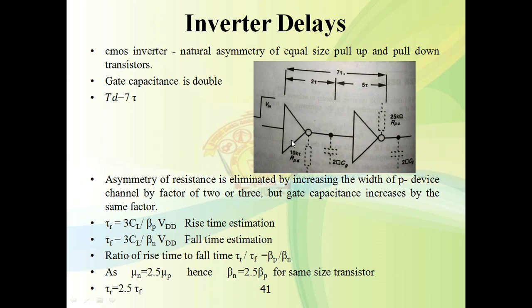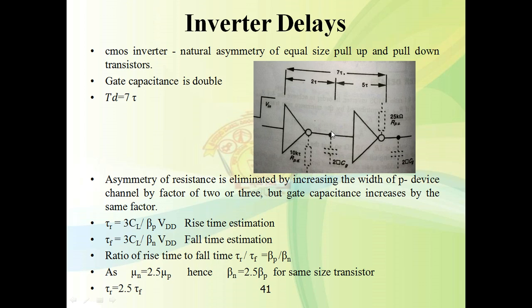Now if we consider a CMOS inverter pair, in the case of the first inverter, if we apply a high going pulse, then the pull down transistor will be on. So this 10 kilo ohm is driving the input capacitance of the next, that is 2 square Cg. So 10 kilo ohm and 2 square Cg, that is the minimum R into 2 square Cg. So here it is 2 tau, the time delay.